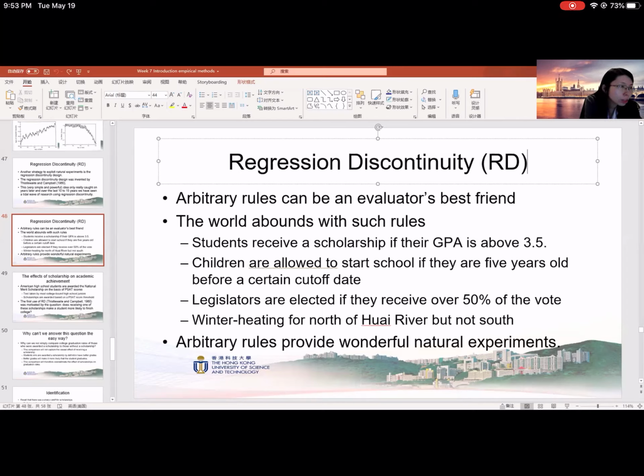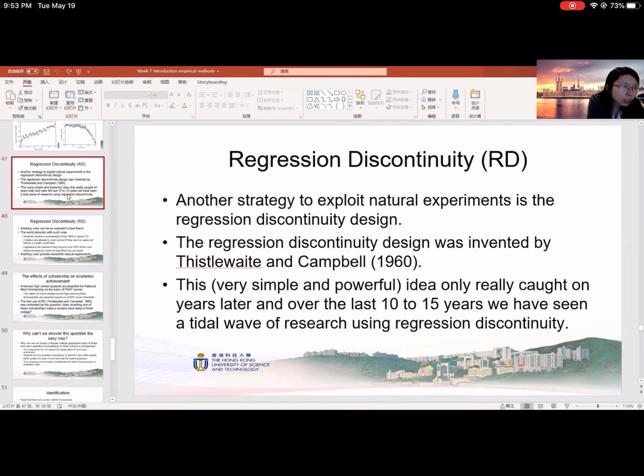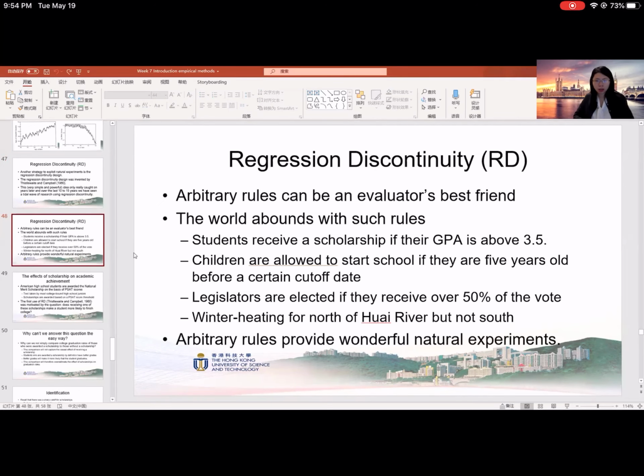Regression discontinuity is the idea that suppose there are arbitrary rules that determine the value of some X variable. Suppose in terms of schooling, if your college entrance exam score is higher than 600, you get a college education. If your score is 599, you won't be able to get a college education.